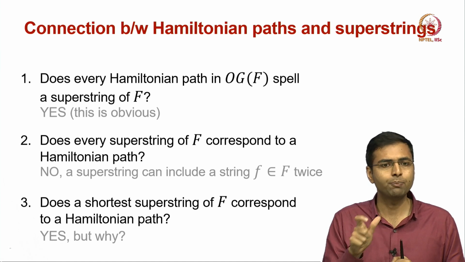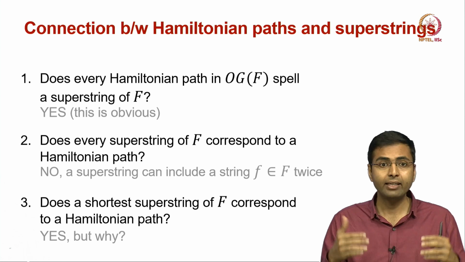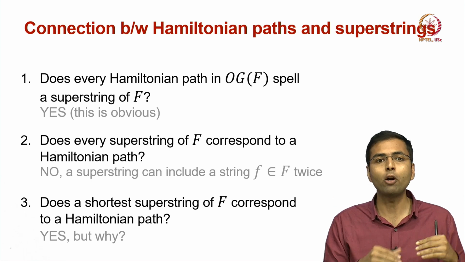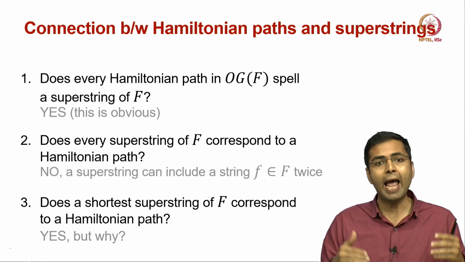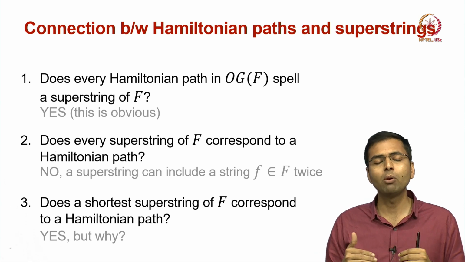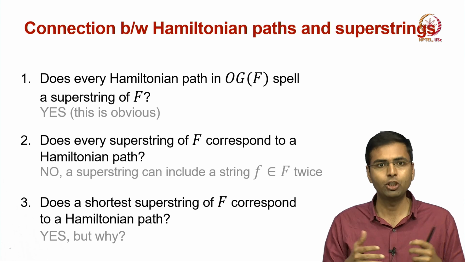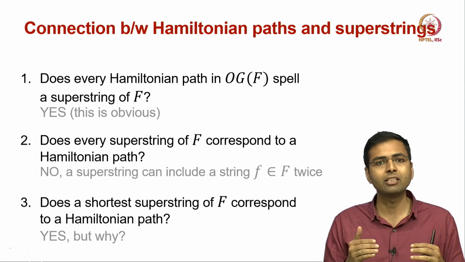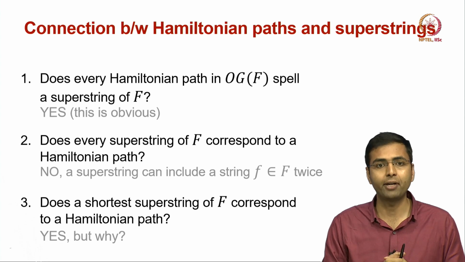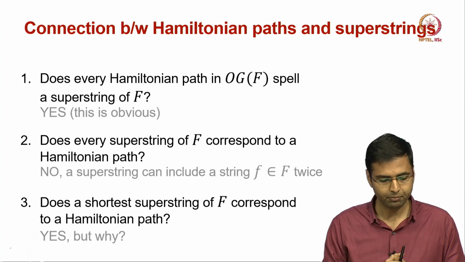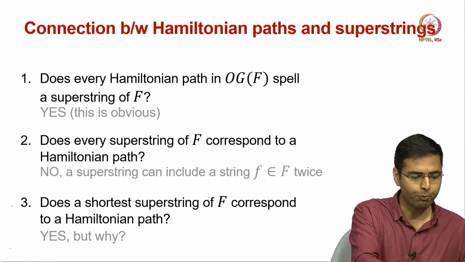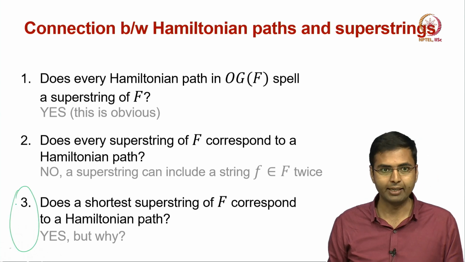So let us look at this question in more detail, and it will help us establish a proper link between the shortest common superstring problem and the Hamiltonian path problem. The Hamiltonian path problem is a very standard problem in graph theory. So by building this connection, we have at least one way of solving the shortest common superstring problem. Let us try to prove this property 3 in the next slide.